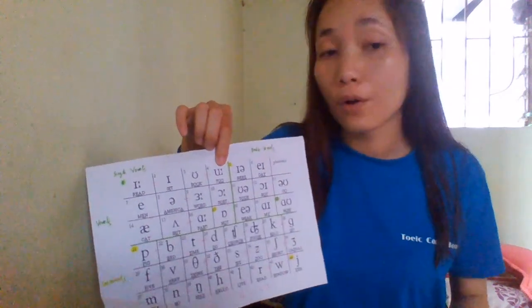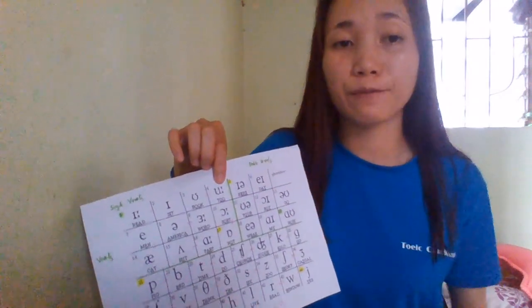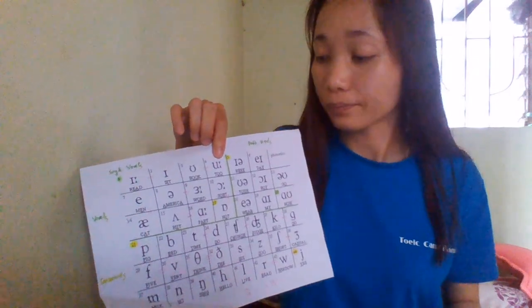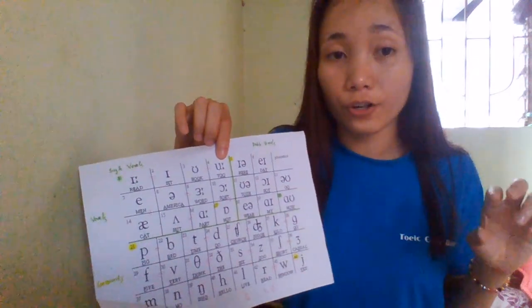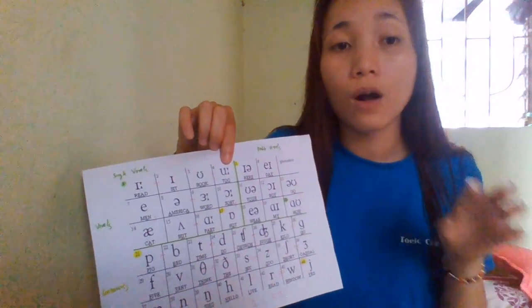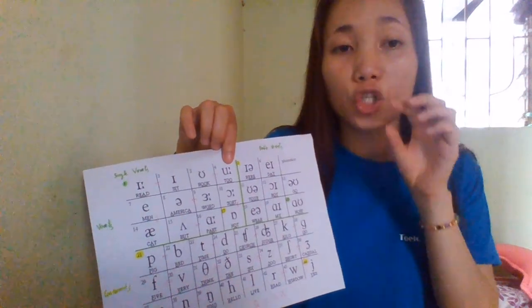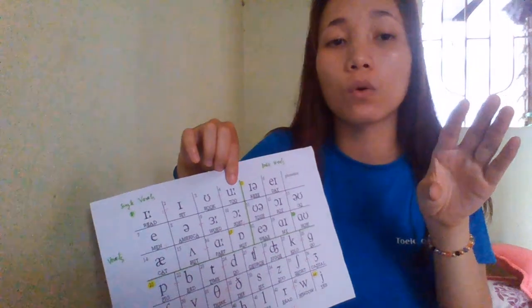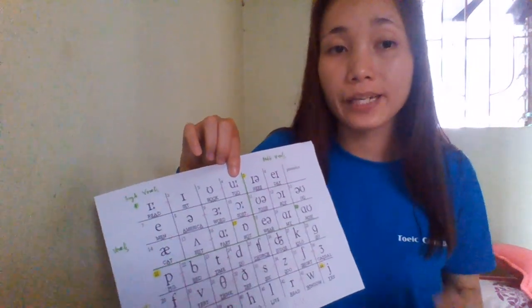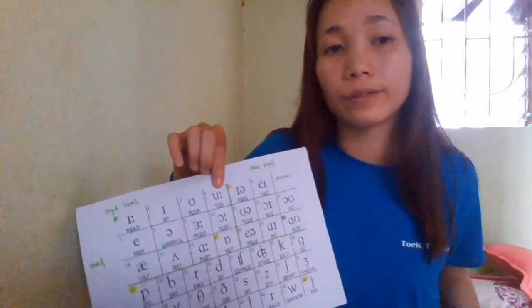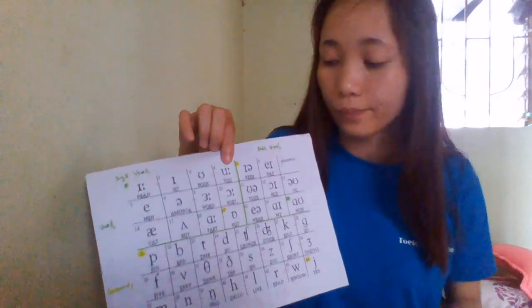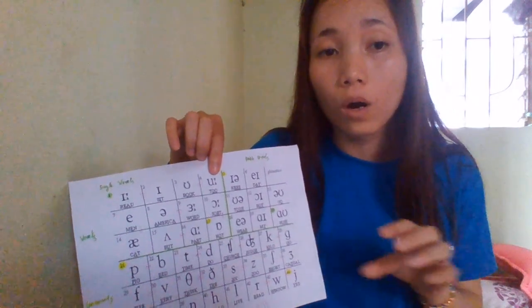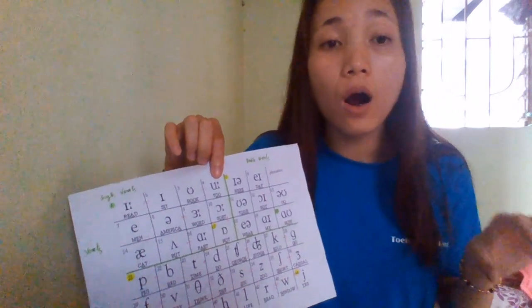Now we move to the long U. This vowel is a long vowel. Your mouth open, your lips forward, then push out the U vowel, but keep it for 2 to 3 seconds. Ooh, ooh, ooh.